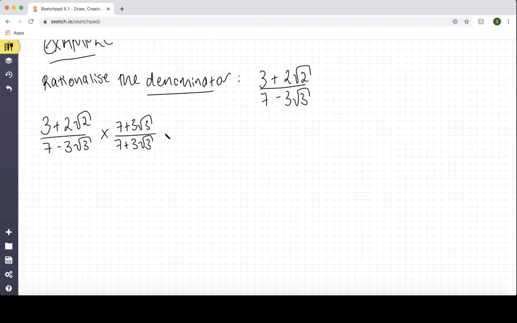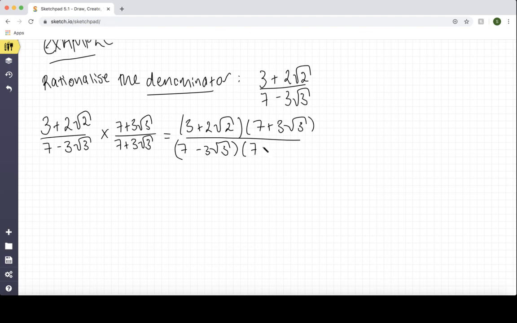So, okay, let's do this. We have 3 plus 2 root 2 times 7 plus 3 root 3, and then this is times 7 minus 3 root 3, sorry, times 7 plus 3 root 3.